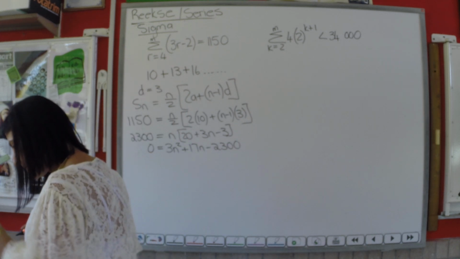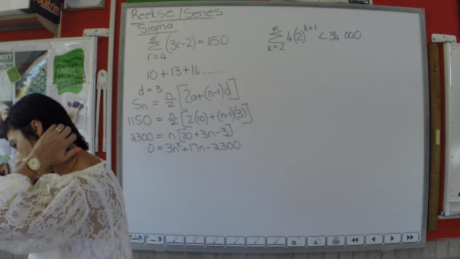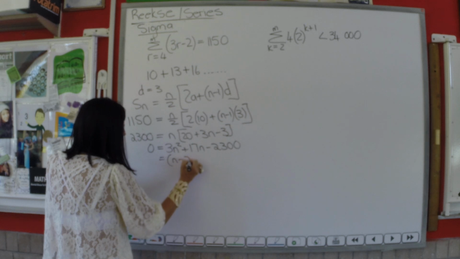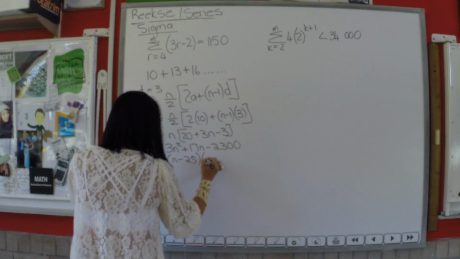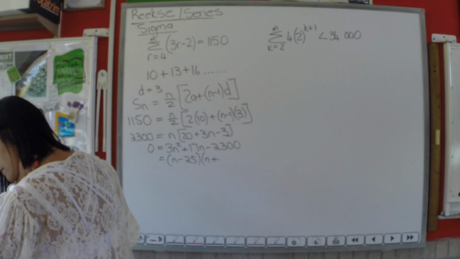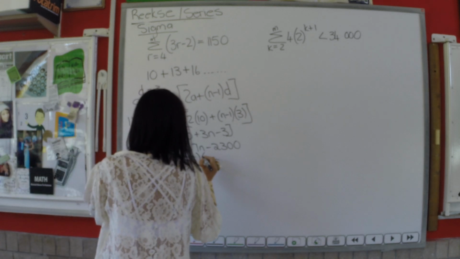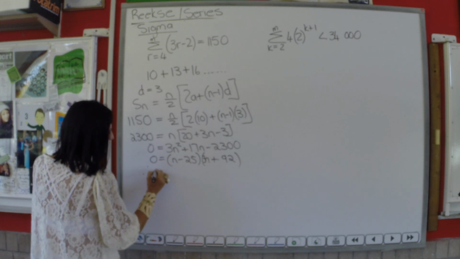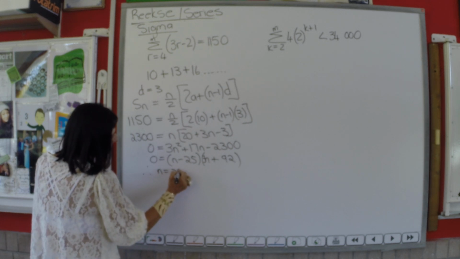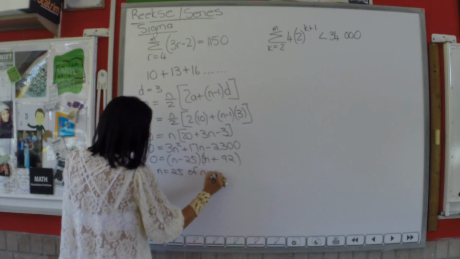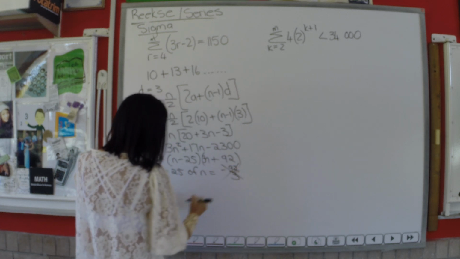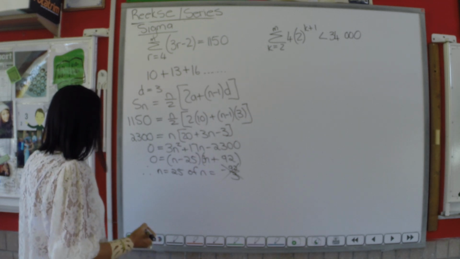Okay, that's factorizable, so I can factorize that, and I will get (n minus 25)(3n plus 92). As ons dit faktoriseer, so daarom is n gelyk aan 25 of n is gelyk aan minus 92 op 3, wat ons nie in belang stel nie, because the position can't be negative.